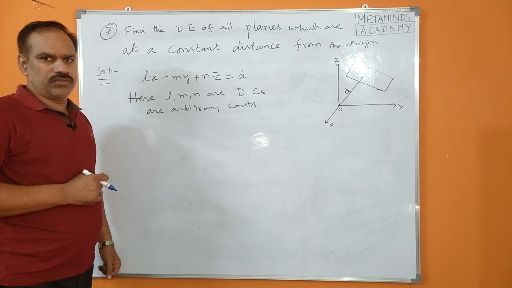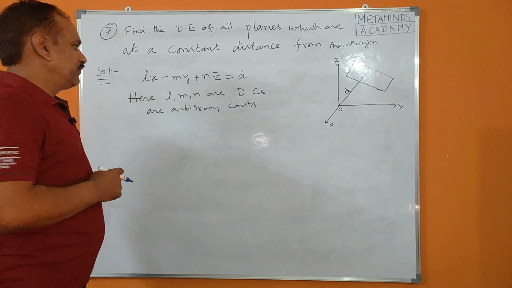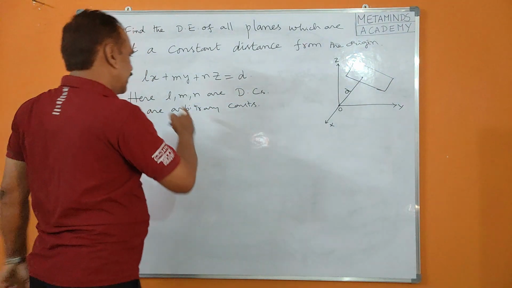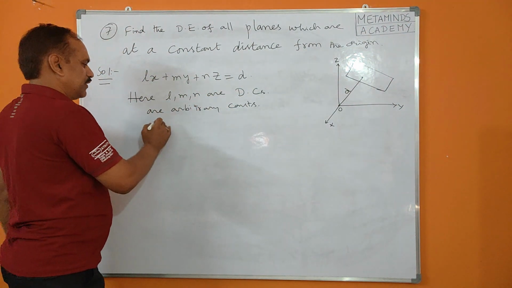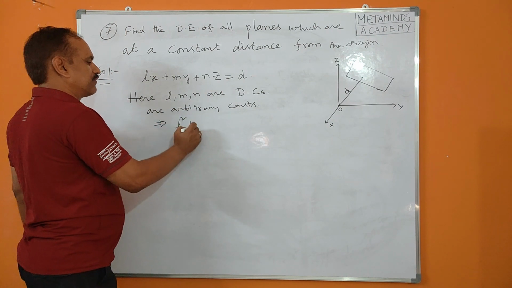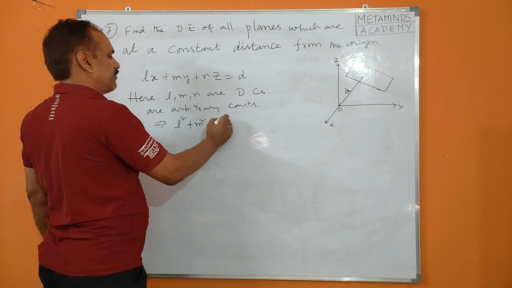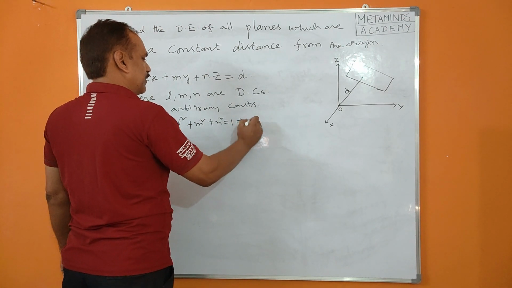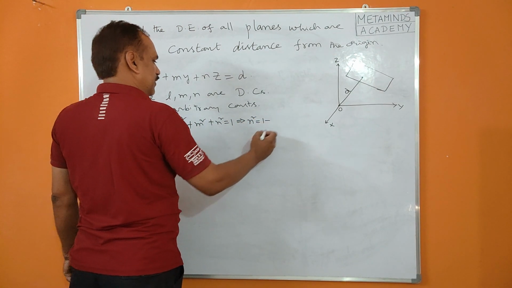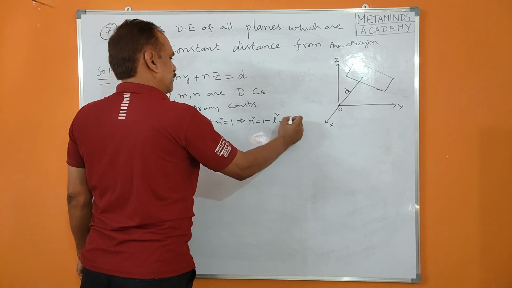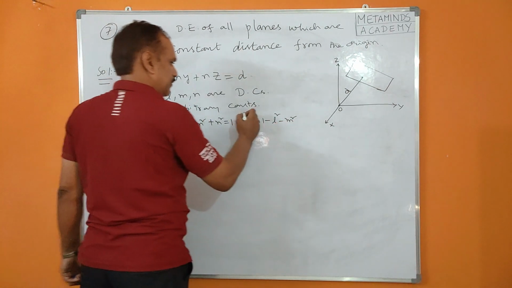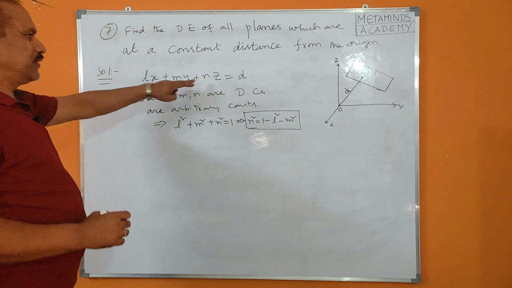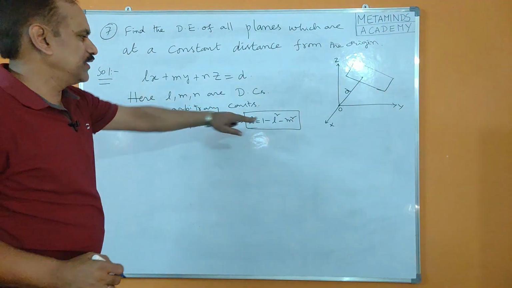But there is a property of direction cosines. Because they are direction cosines, they follow the rule L square plus M square plus N square equal to 1. So N square can be written as 1 minus L square minus M square, so that you can eliminate one arbitrary constant.